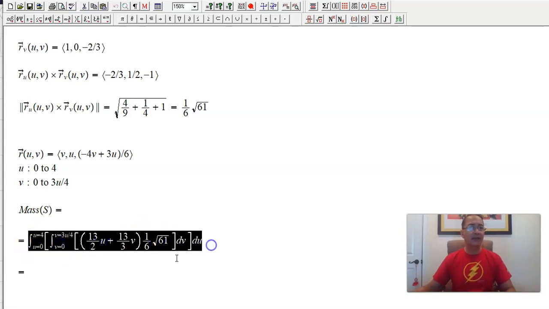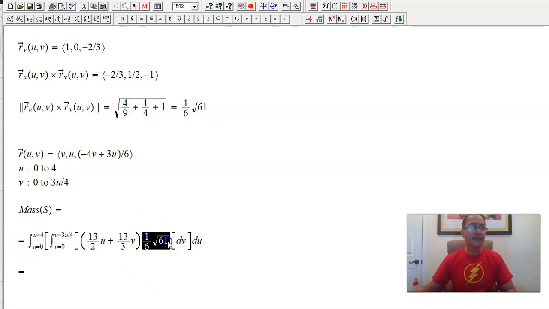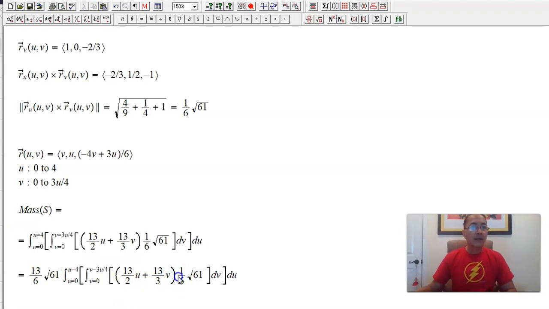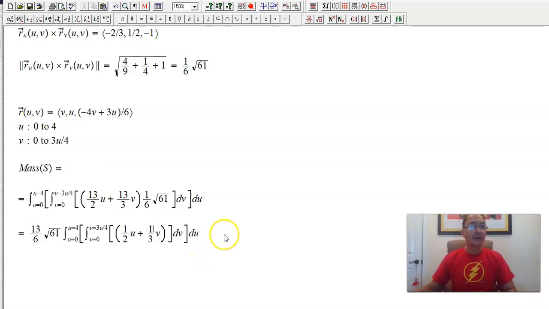Let's take out 13 over 6 and that ugly radical. So take that out, and we have 1/2, 1/3. Let's do a little cosmetic surgery first.